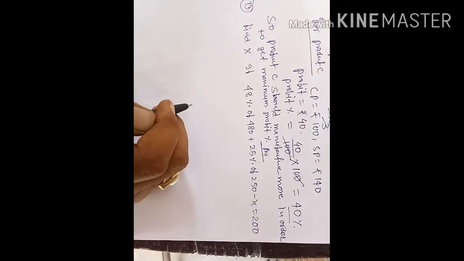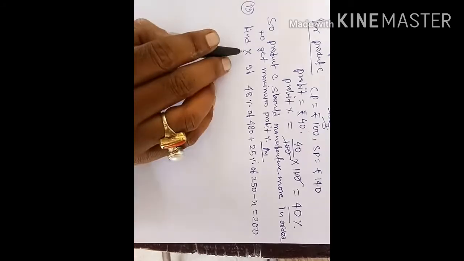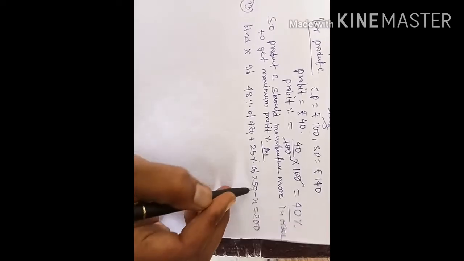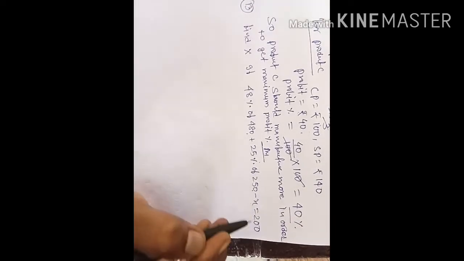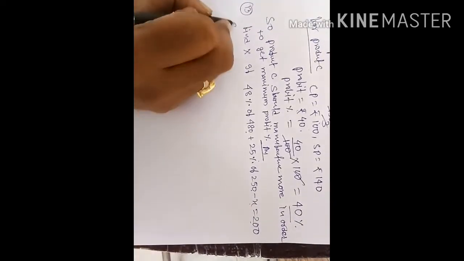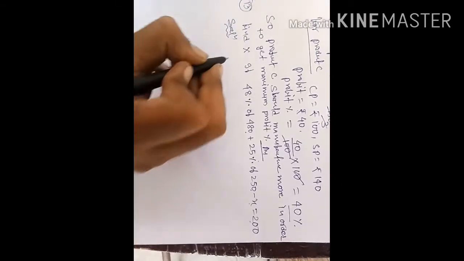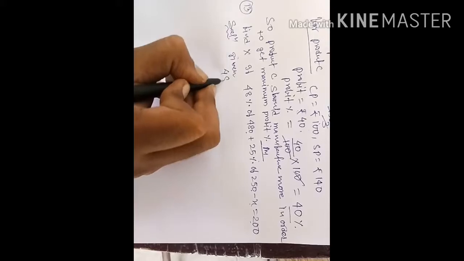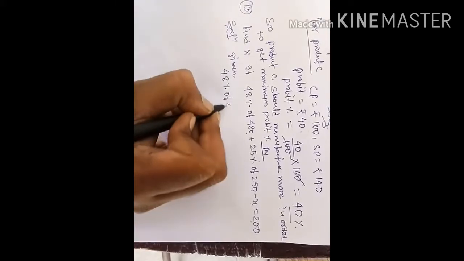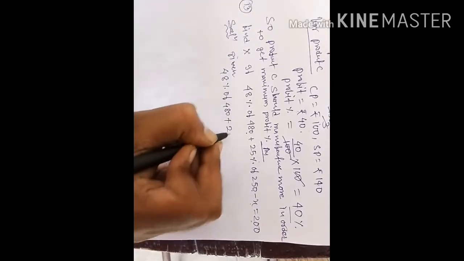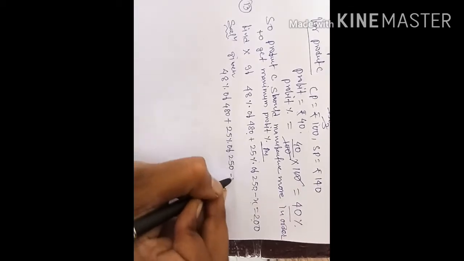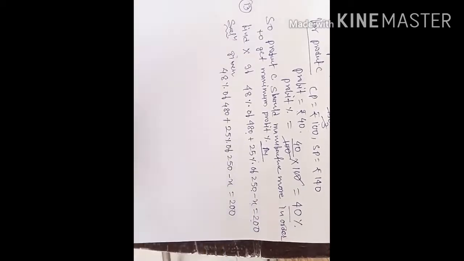In question number 13, the question is: find x if 40% of 480 plus 25% of 250 minus x is equal to 200. Solution: given that 48% of 480 plus 25% of 250 minus x is equal to rupees 200.